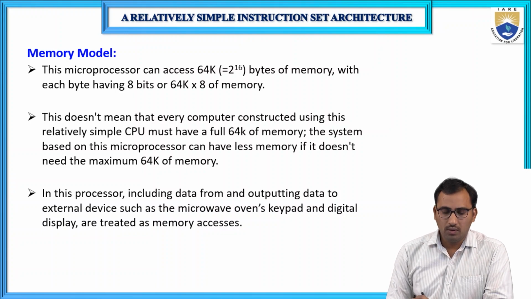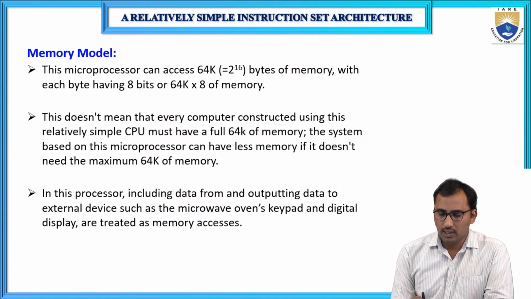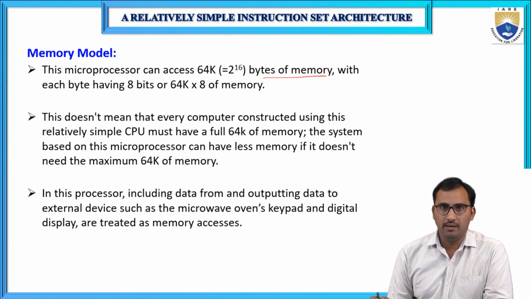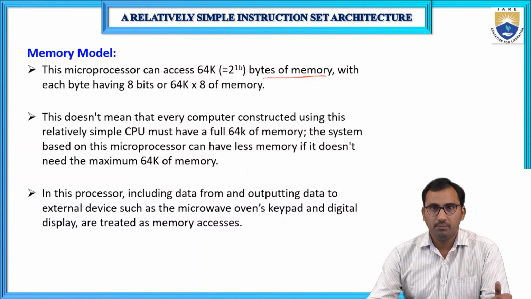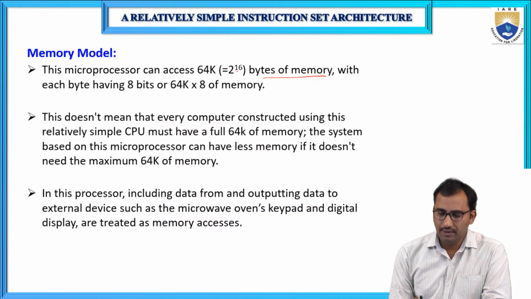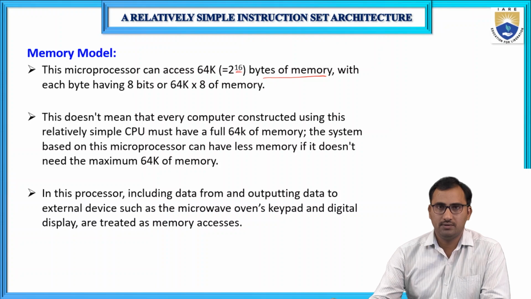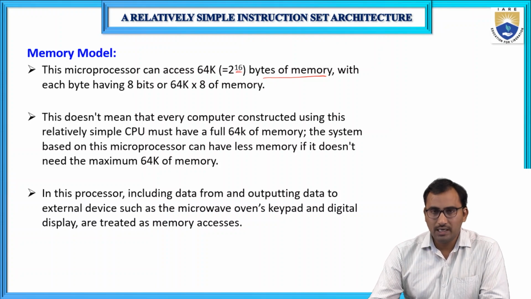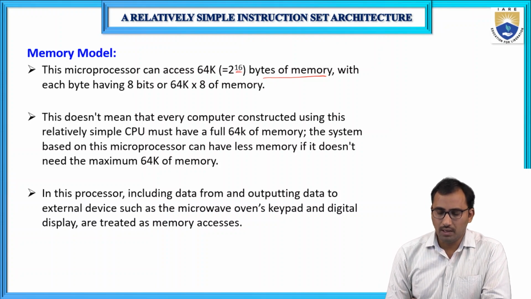This microprocessor can access up to 64 kilobytes of memory, because it has a 16-bit address bus. The memory size can be calculated using the formula 2 power n, so 2 power 16 is equal to 64 kilobytes.